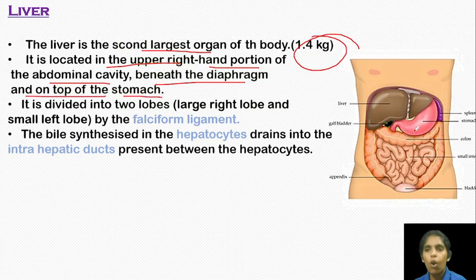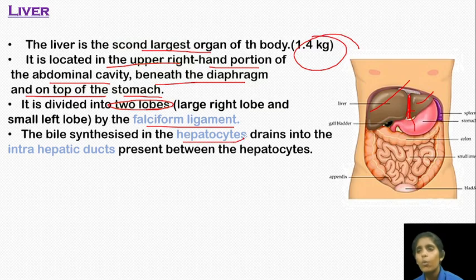It is divided into two lobes. This is the ligament, called the falciform ligament, which will divide the liver into two lobes, that is the right large lobe and the left small lobe. The liver has a number of cells called hepatocytes.